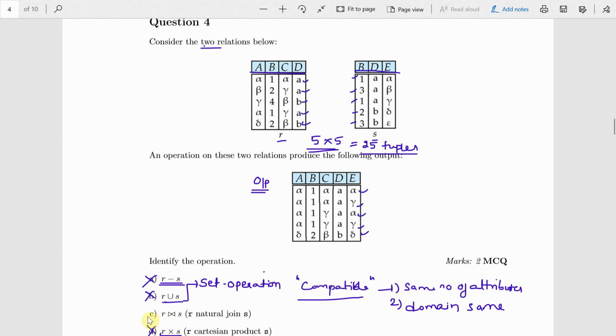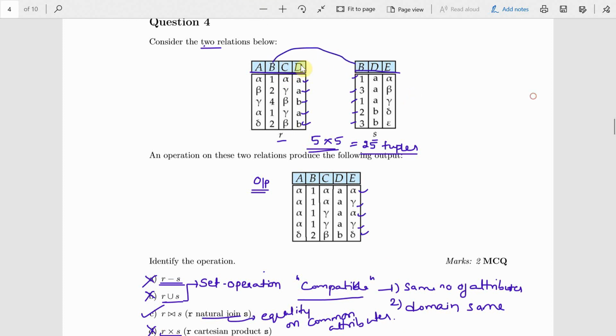So what is left is option C, that is a join operation. It is correct. So what is a join? Natural join. Natural join is a join between two tables with an equal condition on common attributes. Now what are the common attributes of R and S?